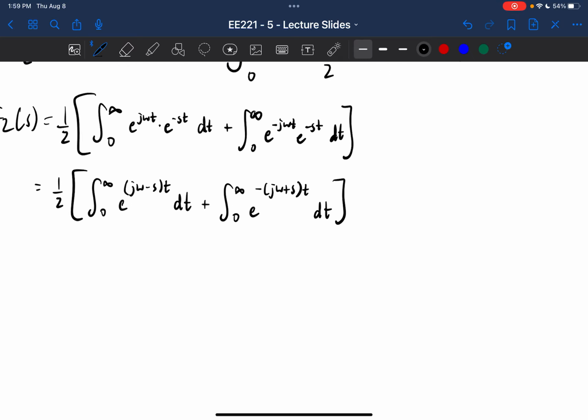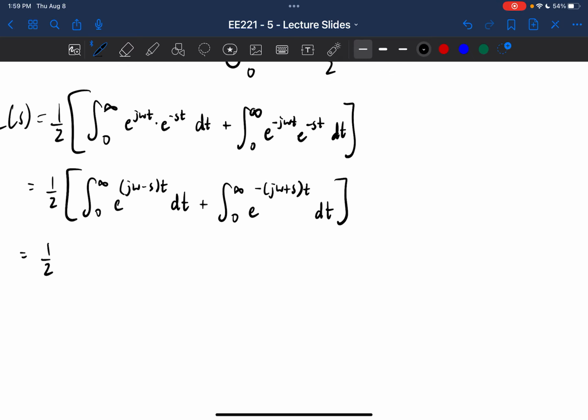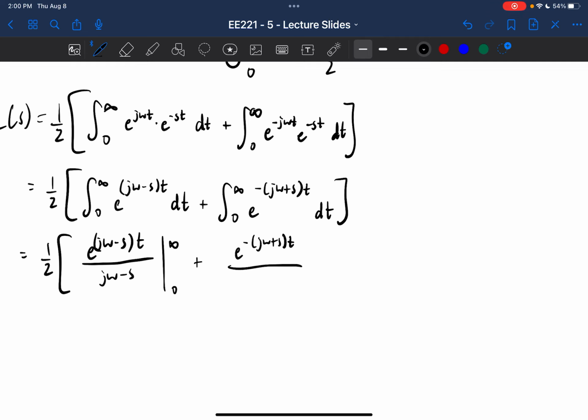And then from here, we can just say that that integral is basically going to be e to the (j omega minus s) t divided by (j omega minus s) from 0 to infinity. And then we can also say that this one is going to be e to the (minus j omega minus s) t divided by (minus j omega minus s) from 0 to infinity.